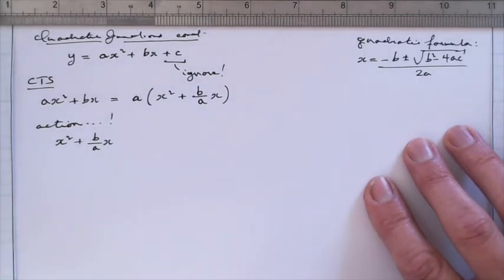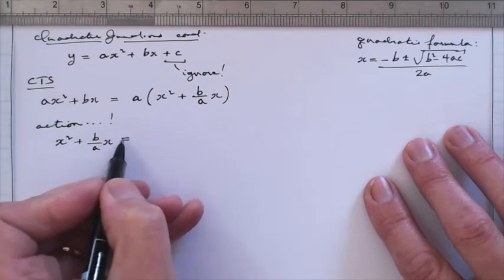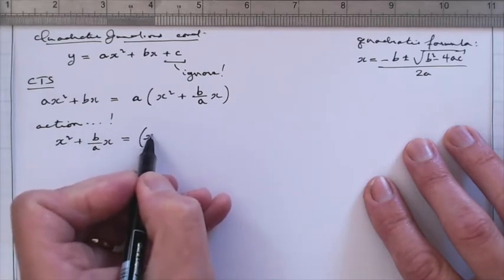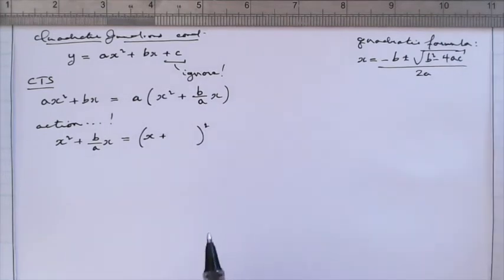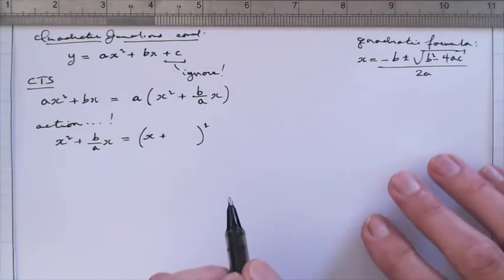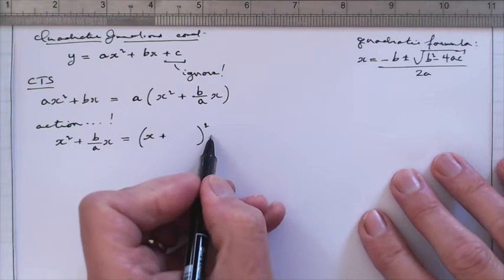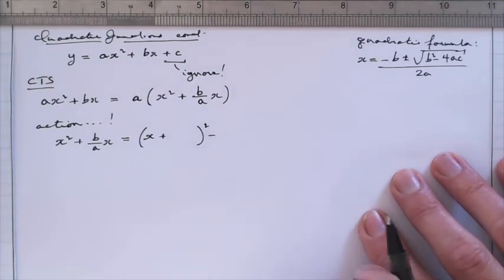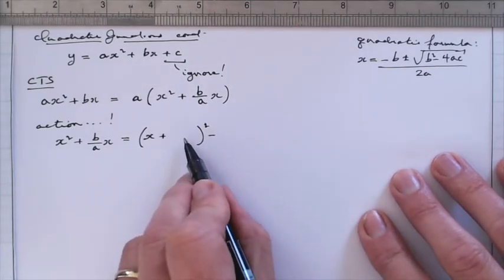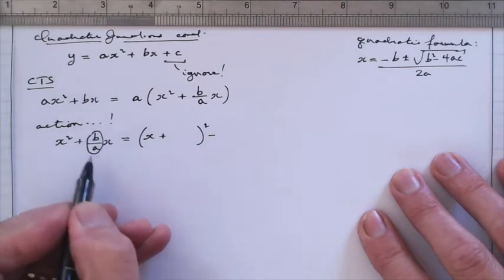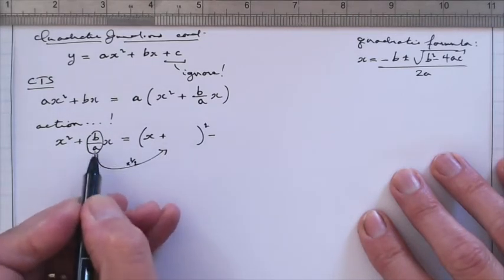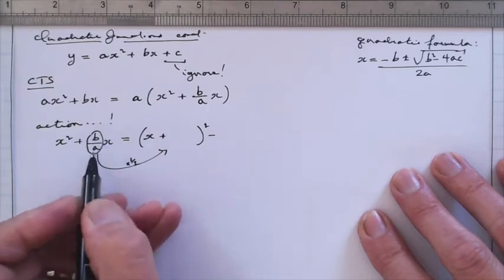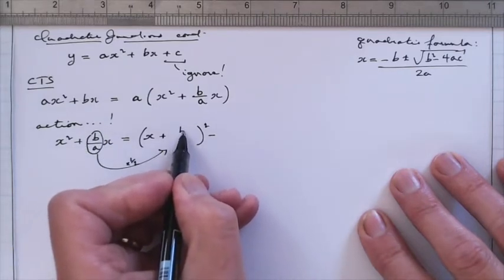And we know what to do, because we say, right, we want to write this as x plus something squared, and we know there's going to be a correction as well. So we're going to get minus something from the correction. And what do we put in here? We put in half the value, right? So the object here is b over a. We know we have to put in half of that.